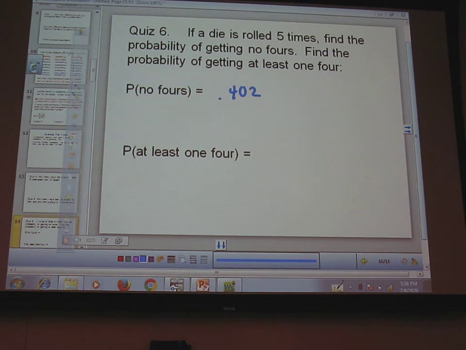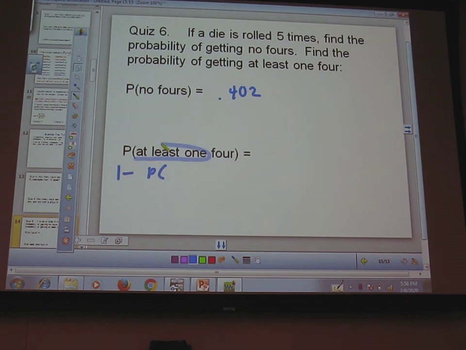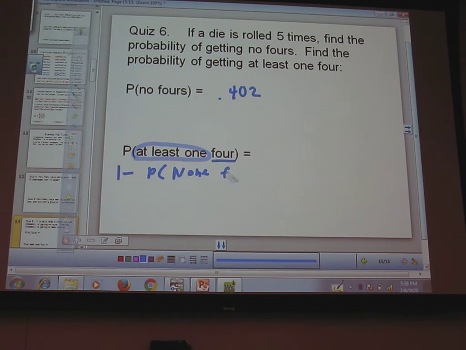So here's what you should do when you do this. Write this, 1 minus the probability of, and then this part right here, at least 1, replace it with none. So none, and then write down whatever comes after. None 4.